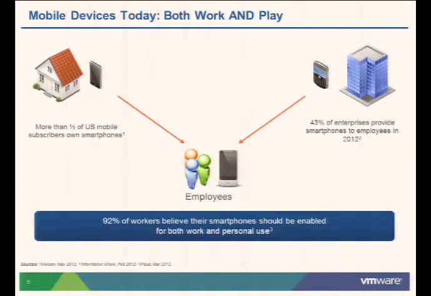What role does VMware want to play in this? Do we just completely ignore it because mobile phones don't have the x86 processor? They have an ARM processor, which is completely different from everything else that we have done to date. Or do we go explore and figure out if we should do something? And we decided to get in. We've gone through a lot of different things that we've tried, some that we've kept at, and some that we've abandoned on the side.